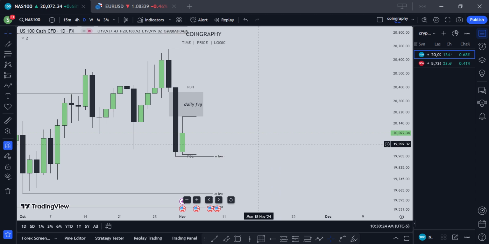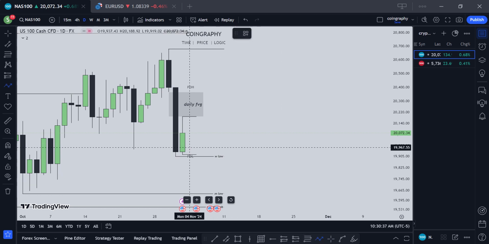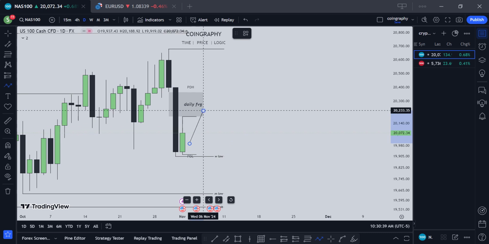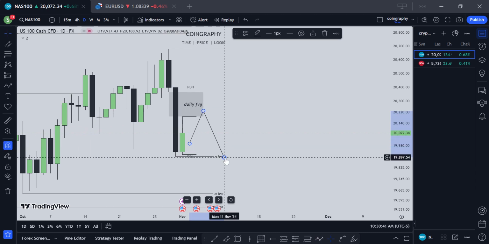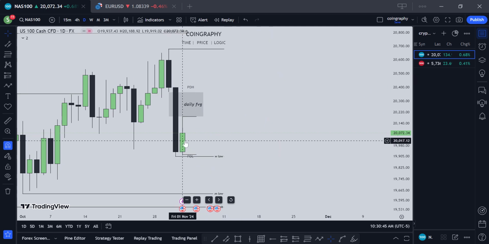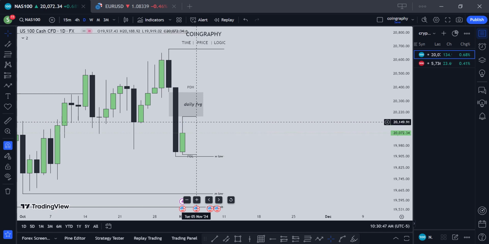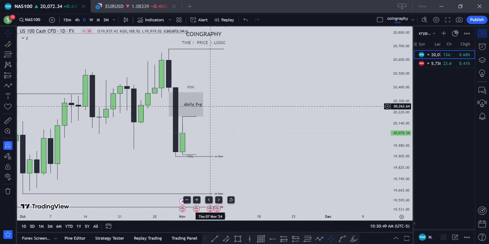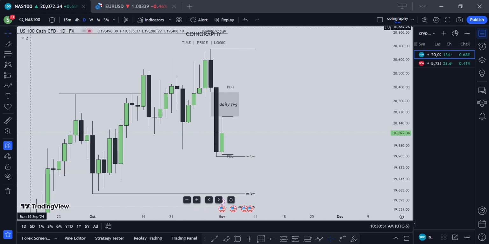This is a high probability CRT because it is part of the formation of a higher time frame fair value gap, a higher time frame inefficiency that price will want to tap into. So I am expecting price to tap into this fair value gap and then move lower. This is a CRT on Friday, so on Monday I'm expecting price to move higher to take this high, and then we come down to take this low.